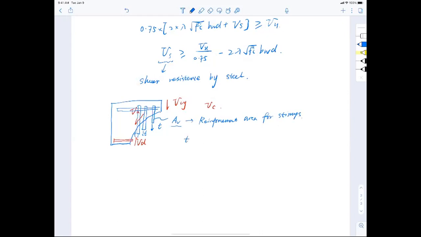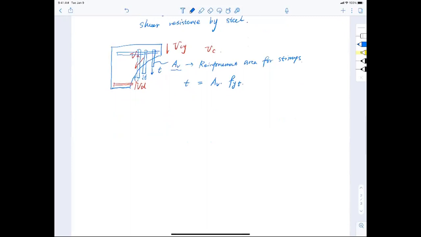T, the resistance of each stirrup, equals Av multiplied by the yield strength of the stirrups, fyt. fyt is not hard. It's the yield strength of the stirrups, and for all we know, we have 40 ksi and 60 ksi for the stirrups. The only problem is Av.